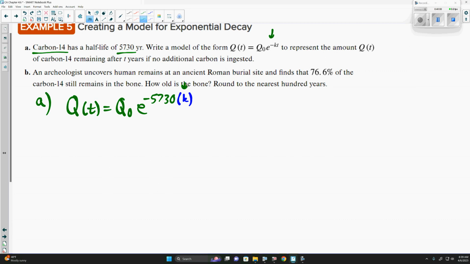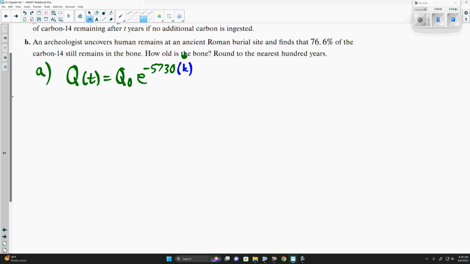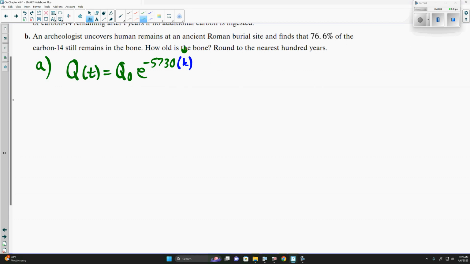Whatever k, this rate of decrease is, after 5,730 years, we're at half. So Q naught was our starting amount. And after this amount of time has passed, we are now at half of whatever that amount is.